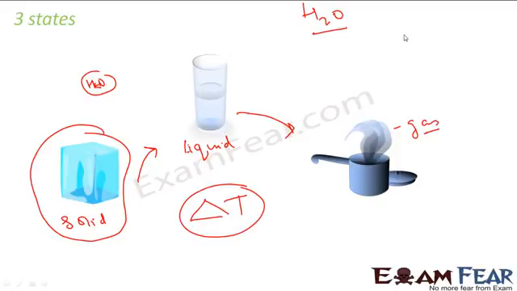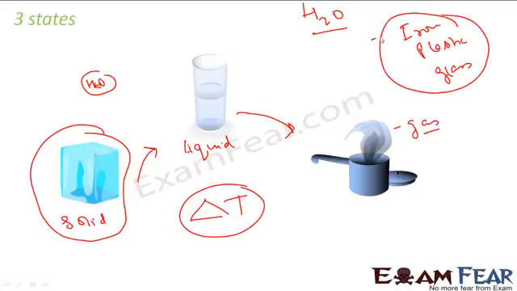You have something like iron, and if you compare plastic or glass, don't you think all are solid but they have different properties? This iron is a conductor of electricity. These two are non-conductors. Iron is very hard. Plastic is a little soft. Glass is brittle. So if you compare most of the solids, now I'm focusing only on solids, they have different properties. And why they have different properties, we'll discuss that.